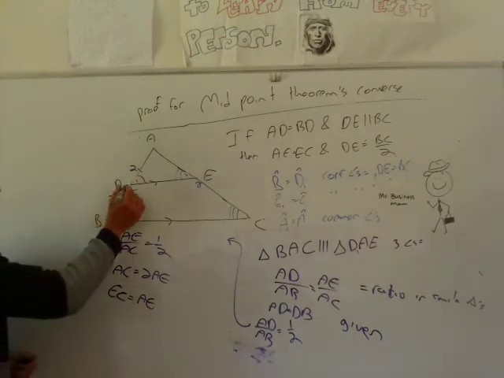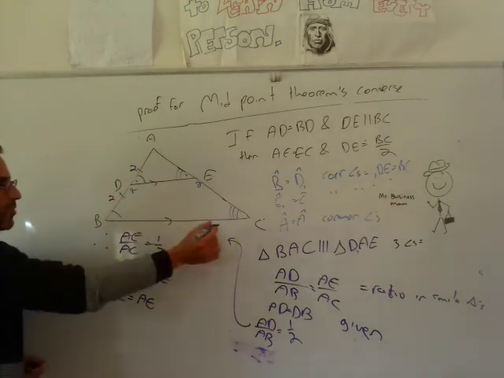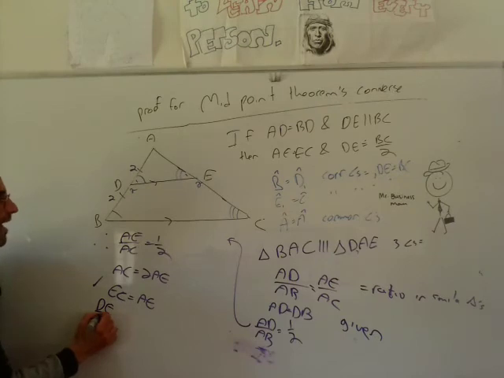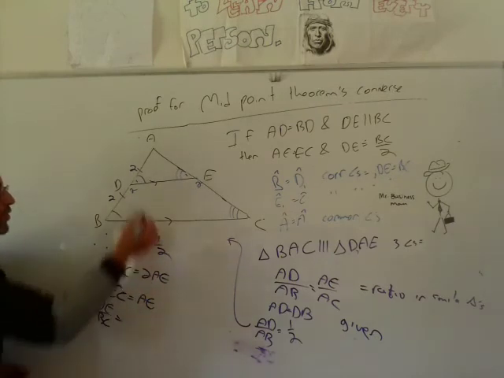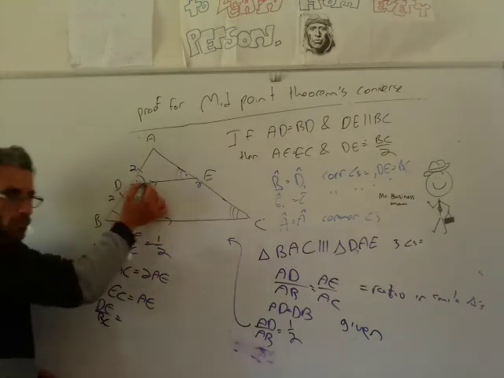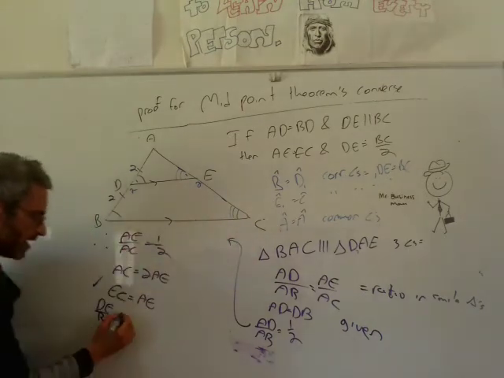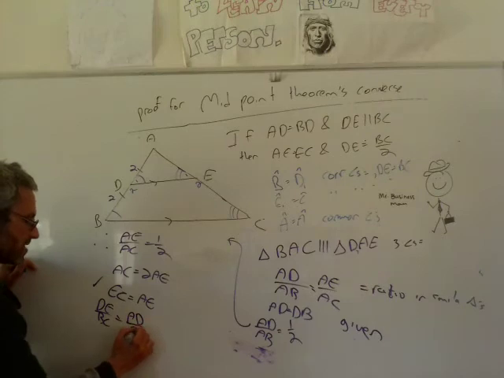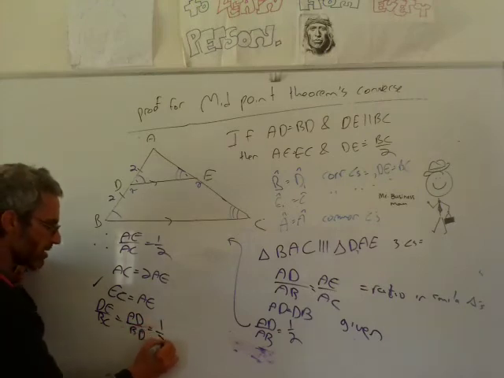The other one was I want to show that DE divided by BC is half. DE over BC, the side of the small triangle divided by the side of the big triangle, is also going to be equal to AD over AB. So that's also going to be half.